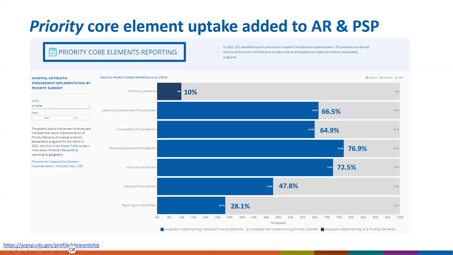The priority core element uptake is also tracked on the patient safety portal. Here's a screenshot. Overall, 10% of the hospitals met all 6 priority elements in 2022, with the highest uptake for the pharmacy expertise and action core elements, and then the lowest being tracking and reporting.